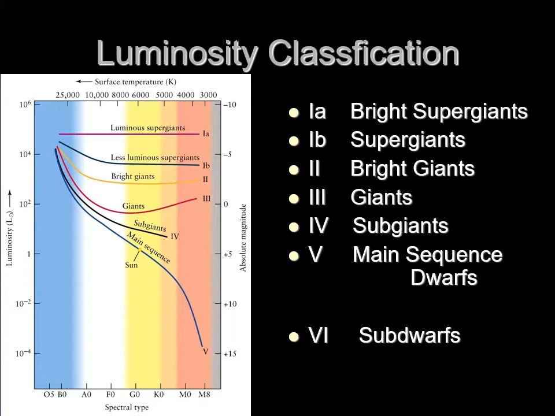The giant stars are Roman numeral 3, and then the bright giants are Roman numeral 2, and then the supergiants, bright supergiants, are 1s, but they're like 1A or 1B. Any stars that are way down here would be subdwarfs. That'd be like the white dwarfs. So that would be the system.